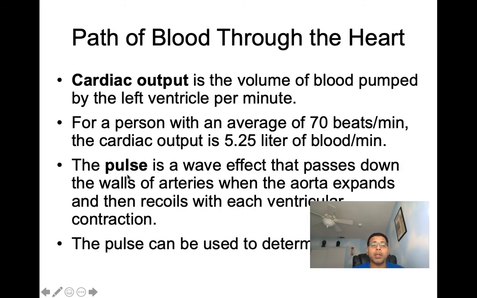Next is the term pulse. I'd like you to know a pulse is going to be a wave effect that passes down the walls of our arteries when the aorta expands and recoils with each ventricular contraction. And we use the pulse to determine heart rate.